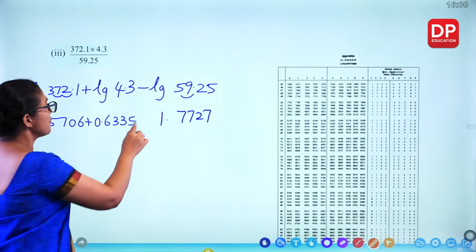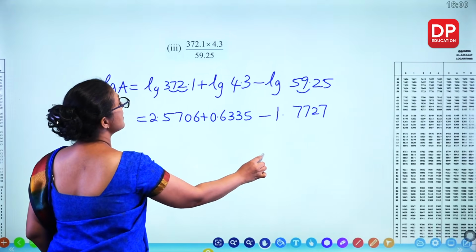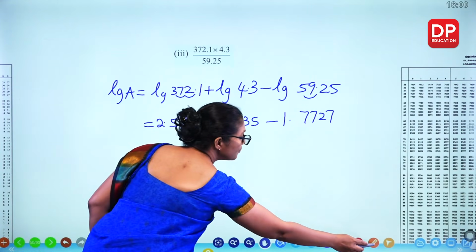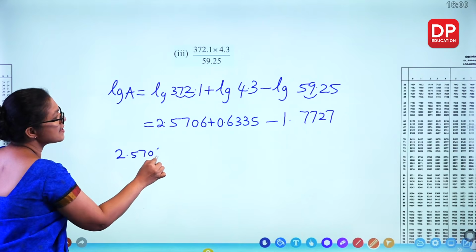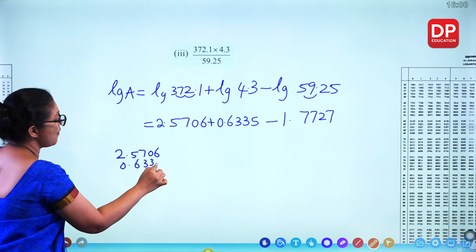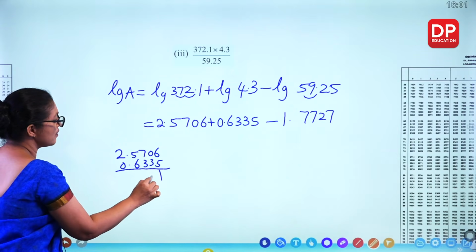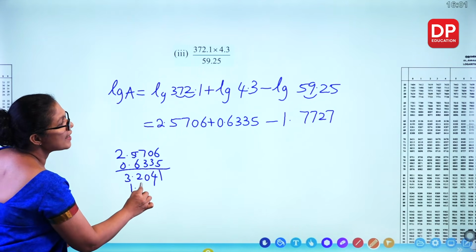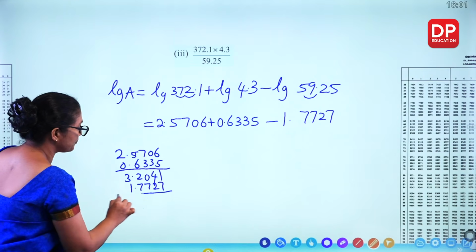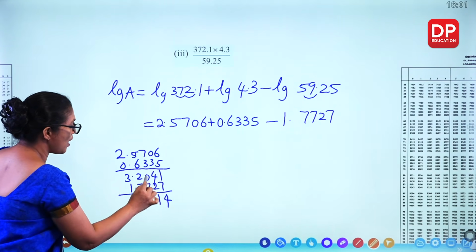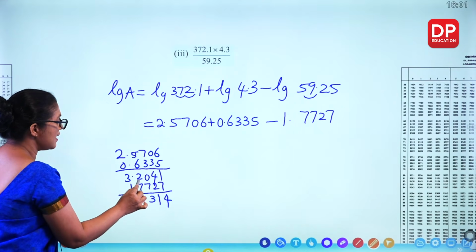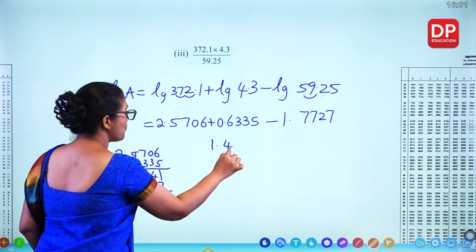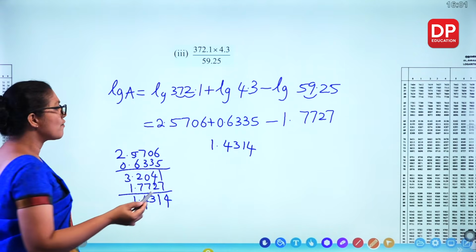Now we'll add these two and subtract the other one. 2.5706 add 0.6335, you get 3.2041. Subtract 1.7727. You get 1.4314.